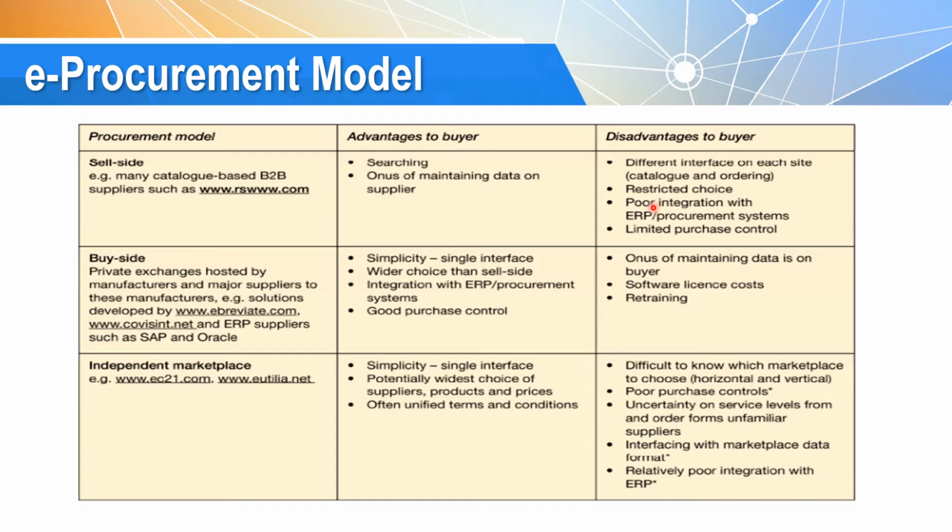Saya nak compare tak boleh, I have to check in a different website from a different supplier. And then poor integration with ERP, tak boleh nak integrate dengan enterprise resource planning system or procurement system, tak boleh nak integrate dengan our system because that's their system. And limited purchase control. Okay, that's the problem lah.